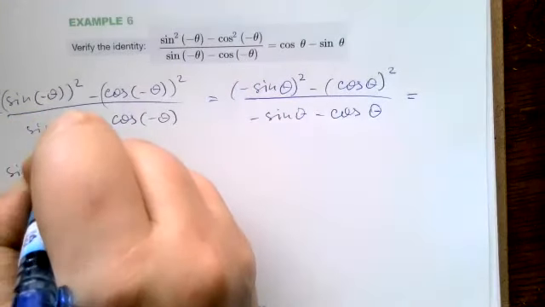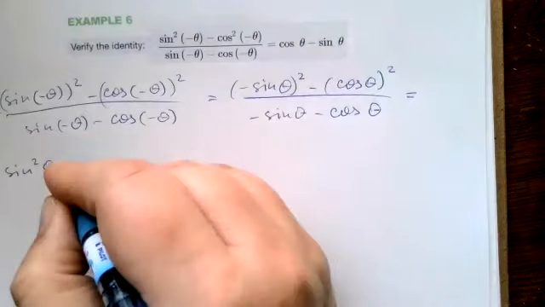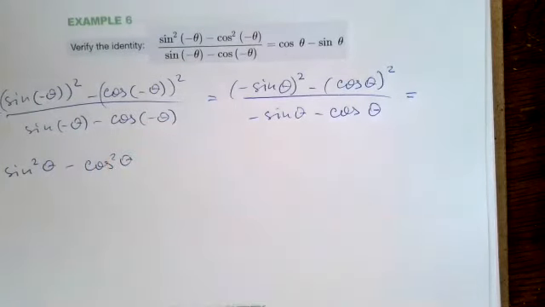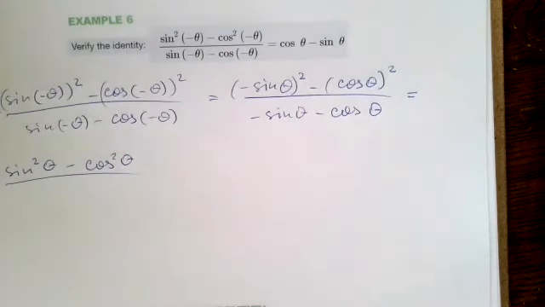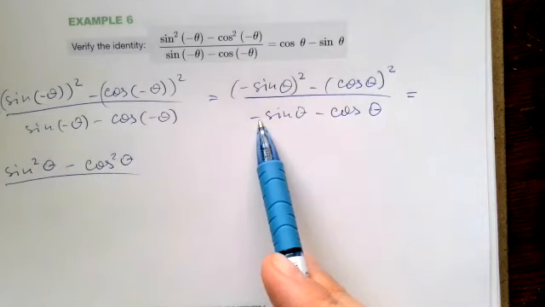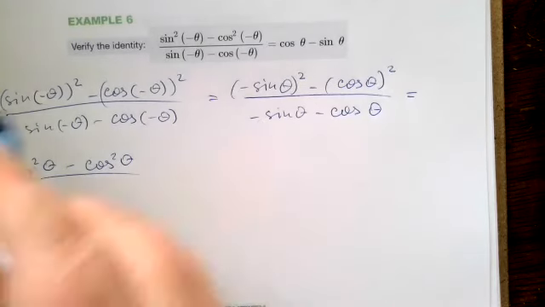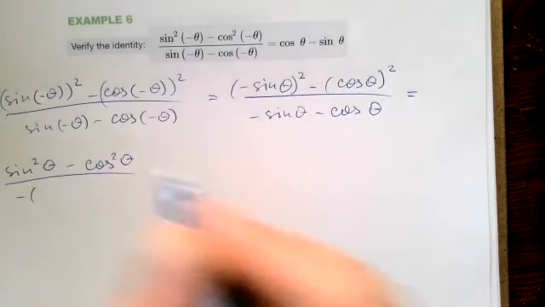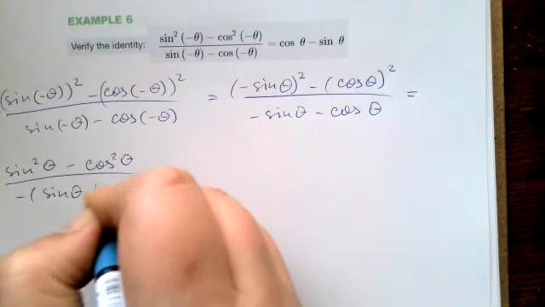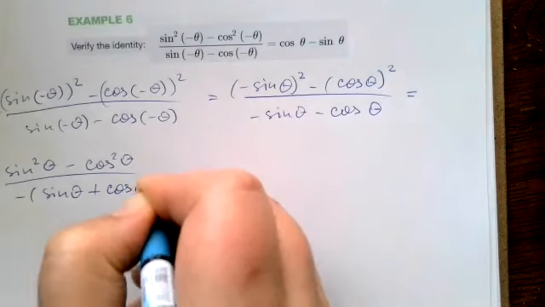So that negative goes away, minus the cosine square theta. And on the bottom, what I'm going to do, I'm going to factor this negative sign outside from the denominator. So sine theta plus cosine theta.